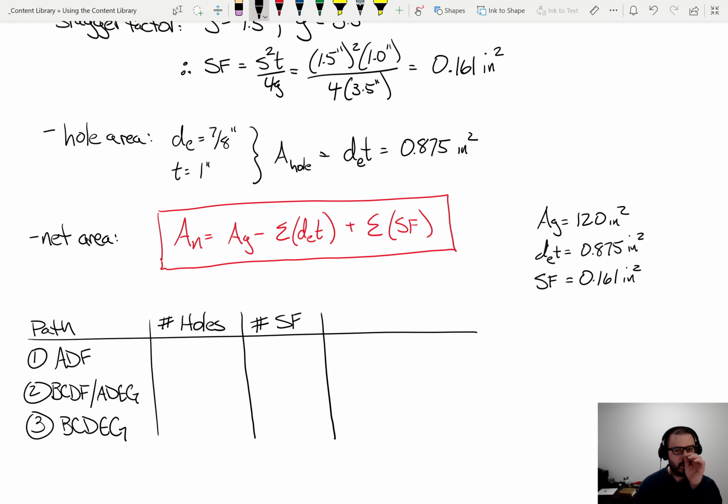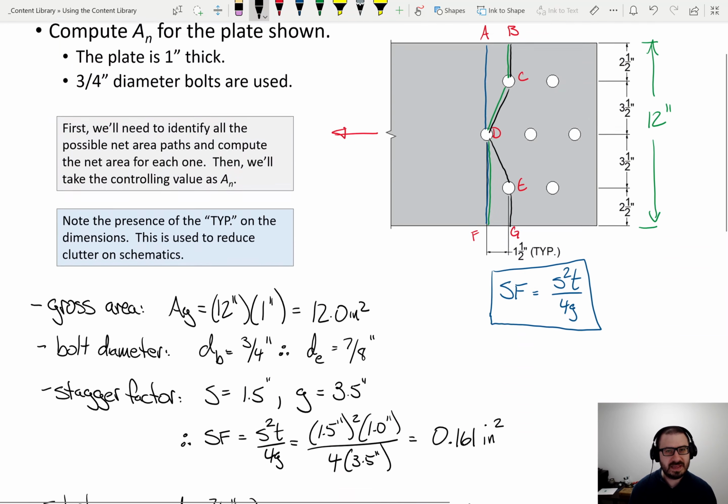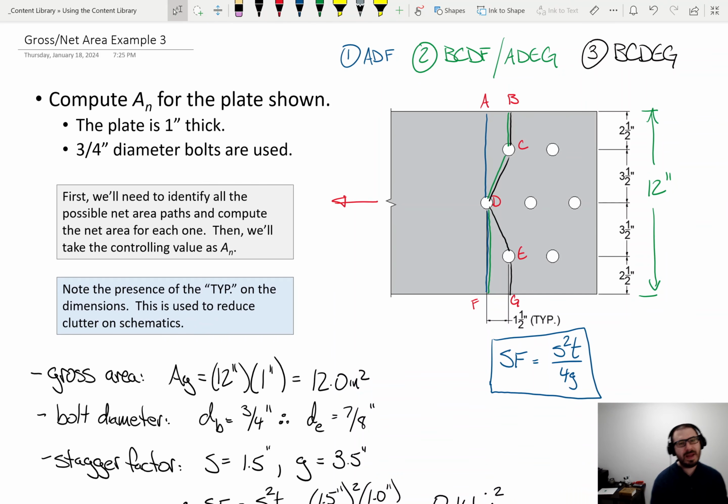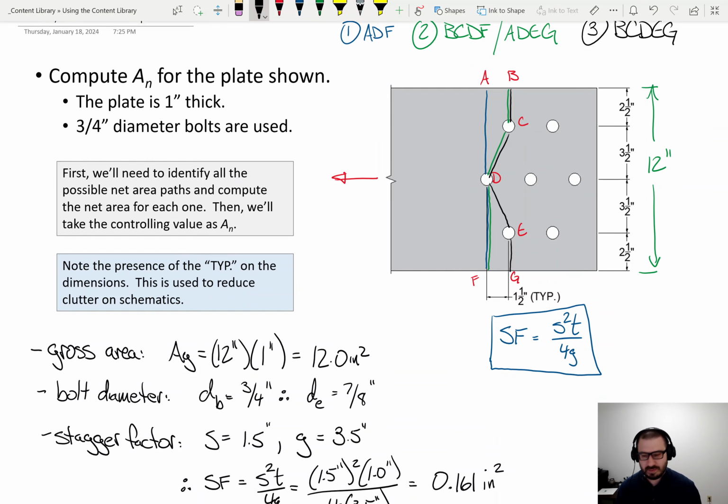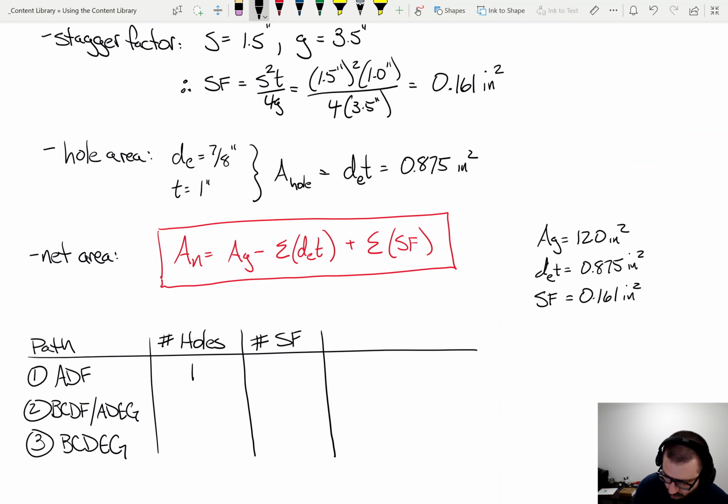If we look at the number of holes, I think that's pretty easy. Our first path, ADF, how many holes are we subtracting? We're subtracting 1 from the first one, 2 from the second one, and 3 from the third. That last path has 3 bolts. That's pretty easy. 1, 2, 3.